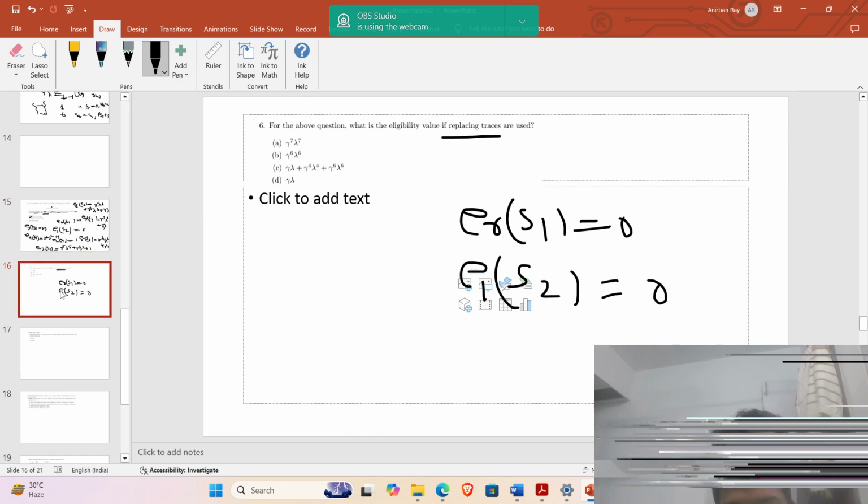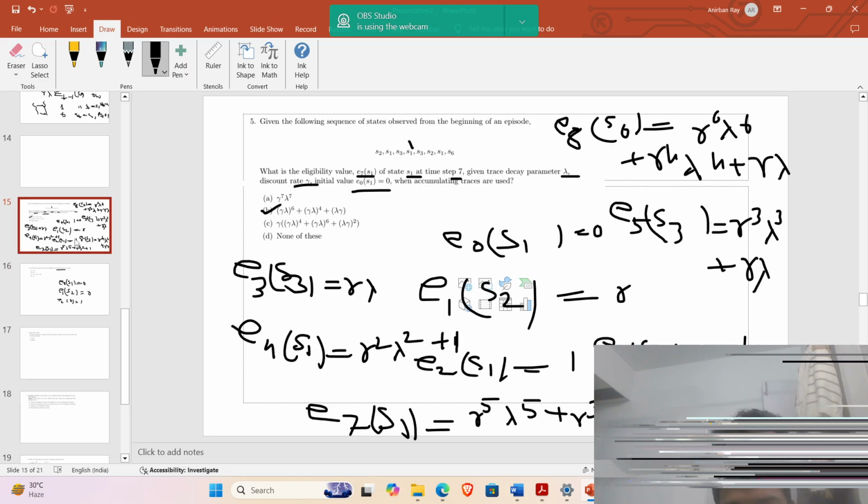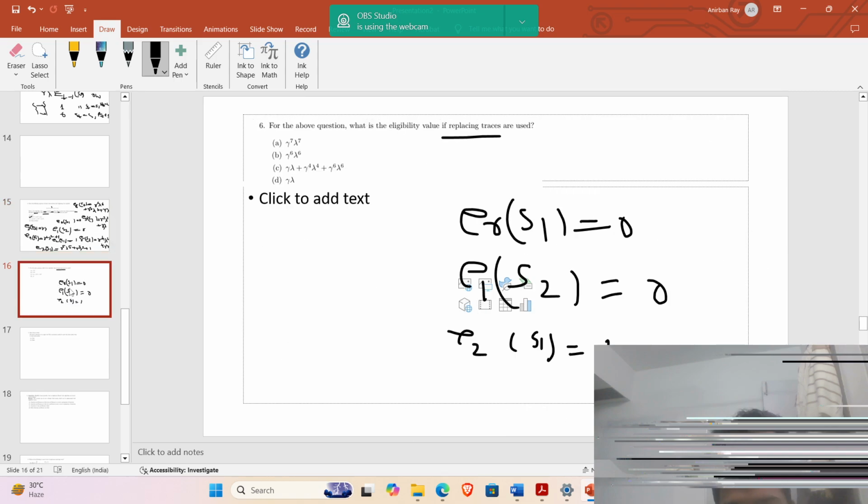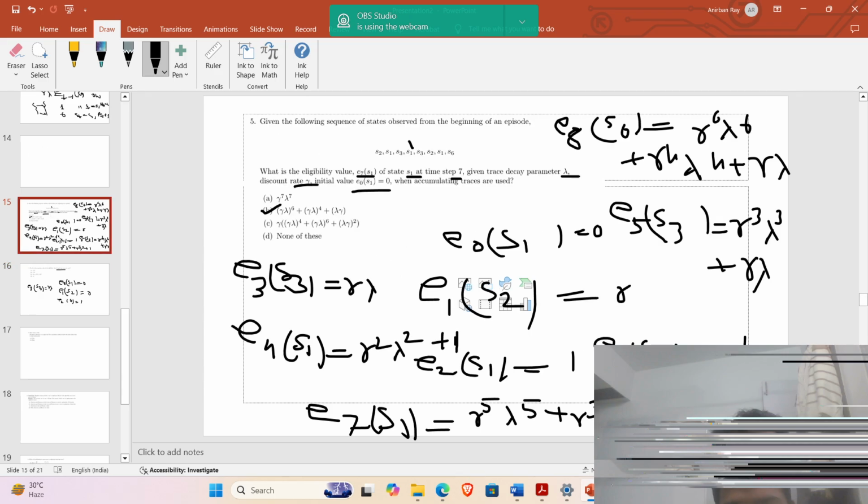So in S1, this is a desirable one, so E2 S1 becomes directly equal to 1. E2 S1 done, and then E3 S3, undesirable one, so decayed, gamma lambda. Next, S3 is done, right?